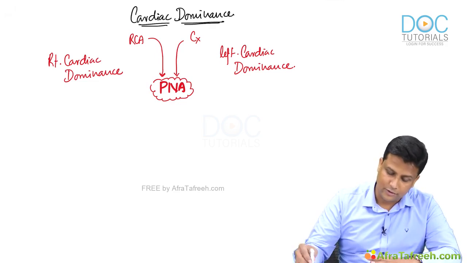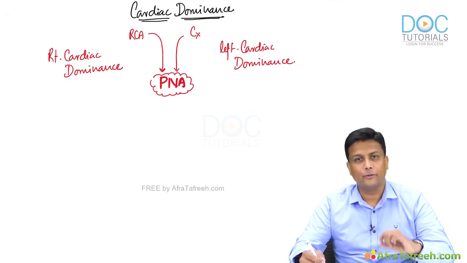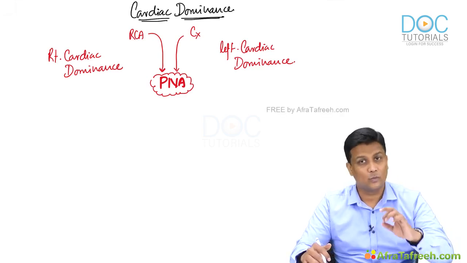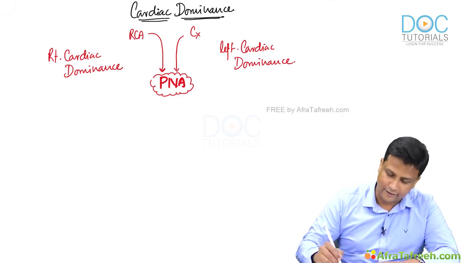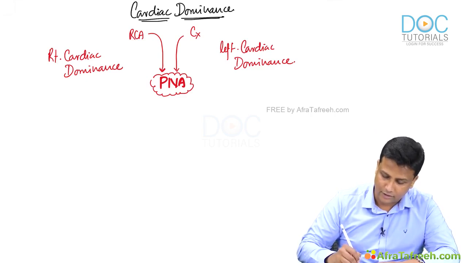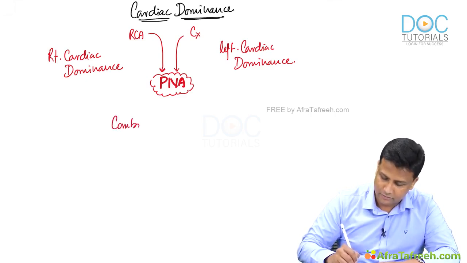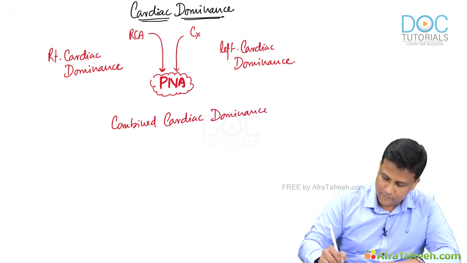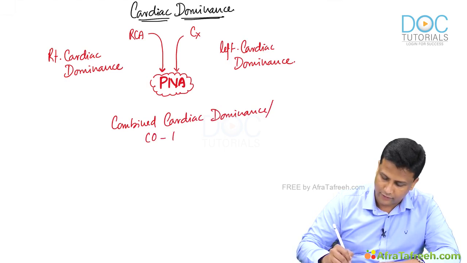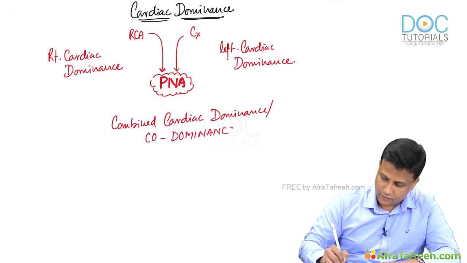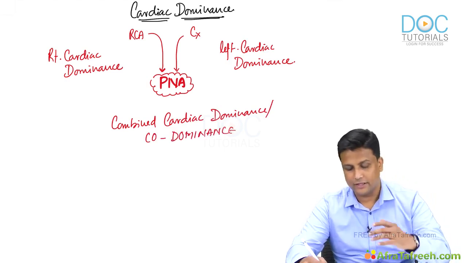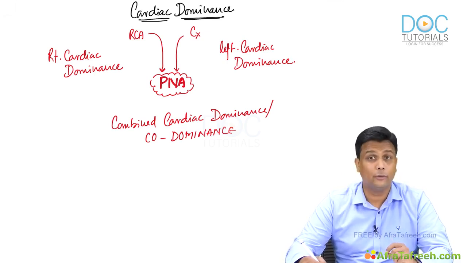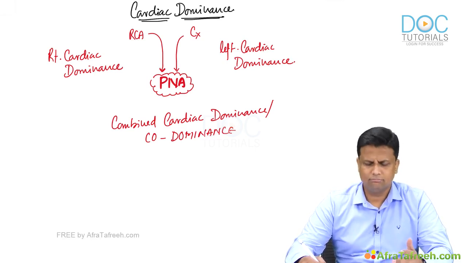And in a few people, both of them will contribute to the formation of PIVA. Both the right coronary artery as well as the circumflex will contribute, and that third type is said to be combined cardiac dominance. We can even call it codominance also, wherein both the right coronary artery as well as the circumflex contribute to the formation of PIVA.